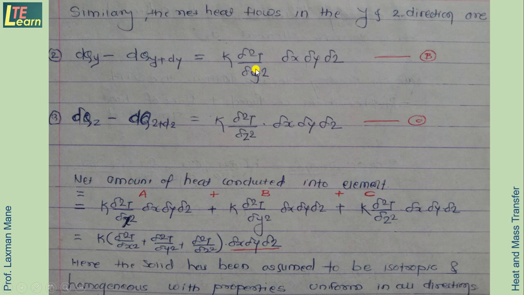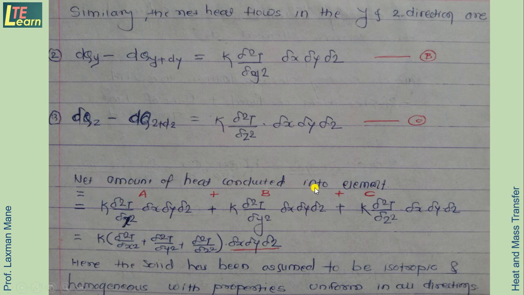In the y direction, it is del square T by del y square. In the z direction, the temperature gradient derivative is del square T by del z square. Remaining things will be the same, that is thermal conductivity and elemental volume.